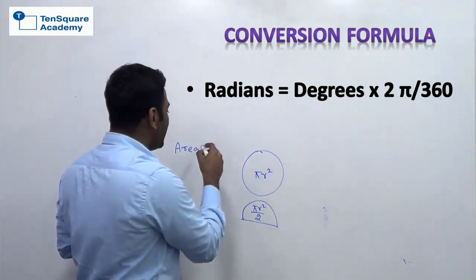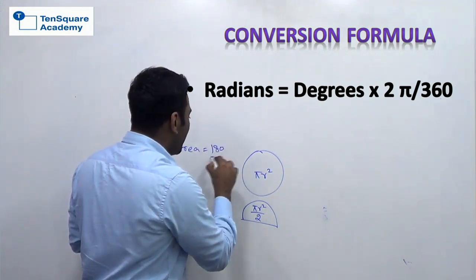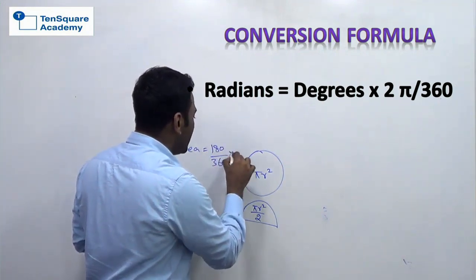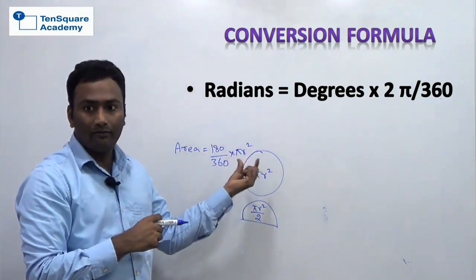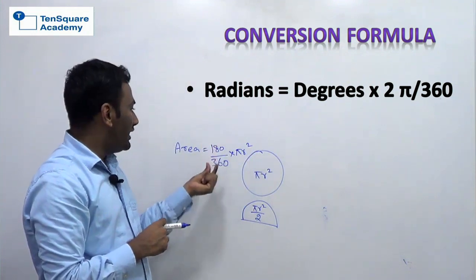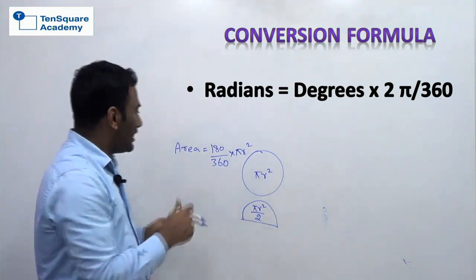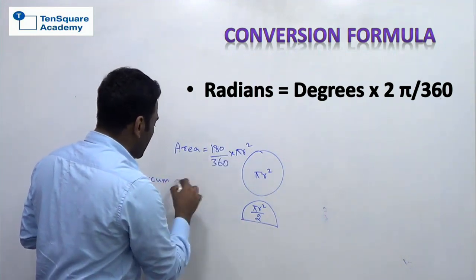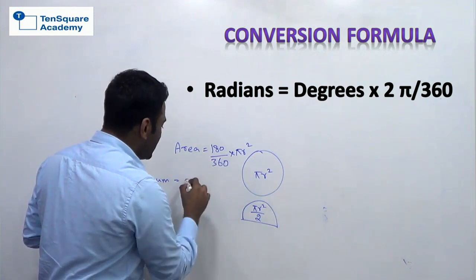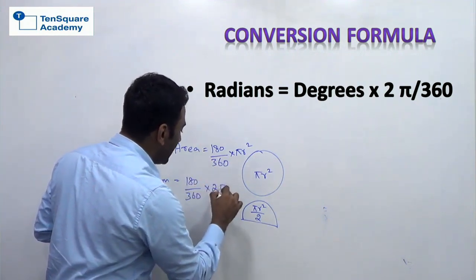If the value is given in terms of degrees, it's very simple: 180 divided by 360 into pi r square. Whatever value you have for area, 180 divided by 360 will give this area. And let's say the circumference of this semicircle, it's again 180 by 360 into 2 pi r.